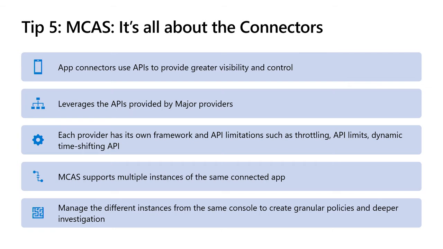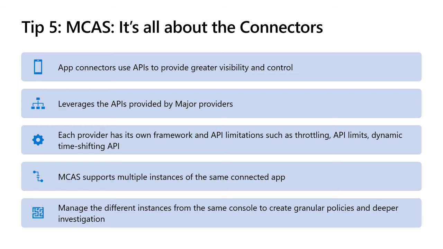Connectors are fantastic because they provide a complete set of APIs for those applications, and they provide reporting and auditing and multiple capabilities. They also allow you to leverage the APIs of all the major providers, so Google, Amazon, Microsoft, and so on. But again, it's possible that you can also create your own.